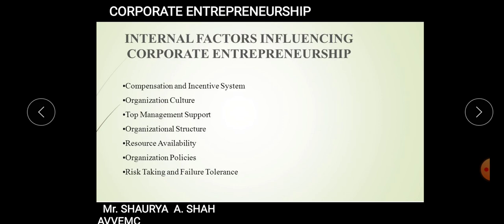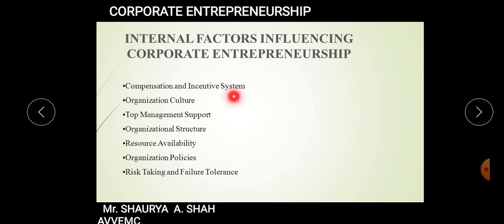If an employee achieves such a target, then he or she will get the benefit of the incentive system. This will motivate the employees, their enthusiasm will always be high, and they will try to achieve their own objectives along with the organizational goals, right? So compensation and incentive system is one of the very effective internal factors that we studied.